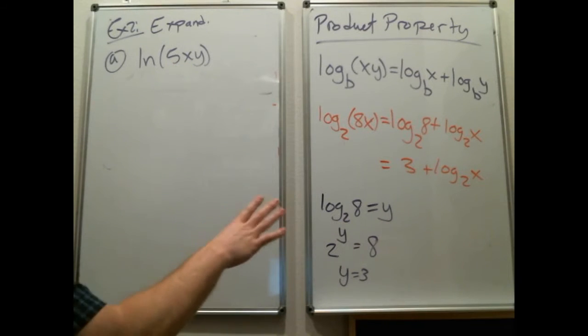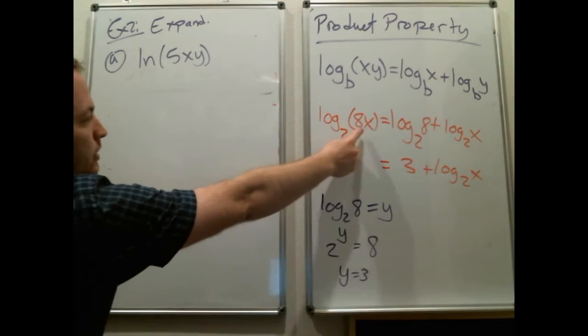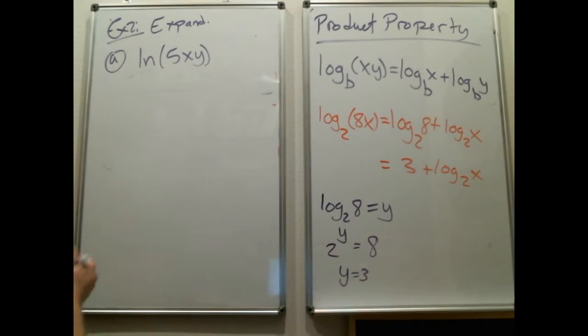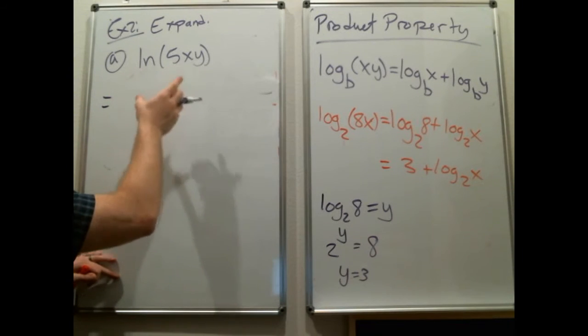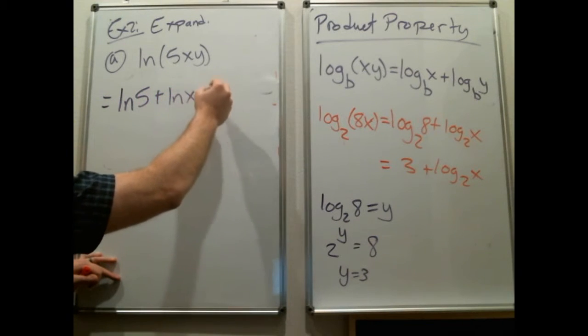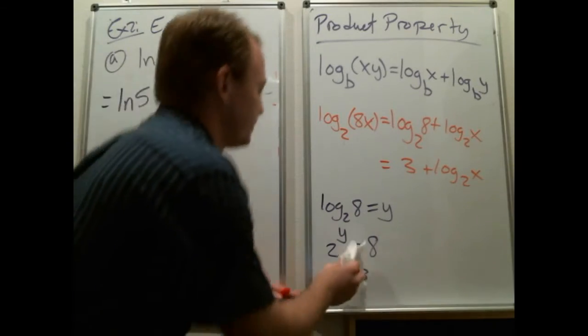The product property follows for however many things you're multiplying together, as long as they're in the same log parameter, so in the same parenthesis of that particular log. So your answer here would just be separating each of these into its own logarithm and then adding each term together. Natural log of 5 plus natural log of x plus natural log of y. Hopefully that's pretty simple for you to understand. We're going to come back to it here in a little bit.